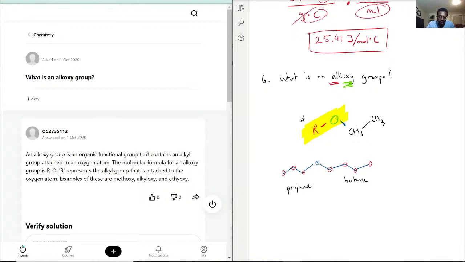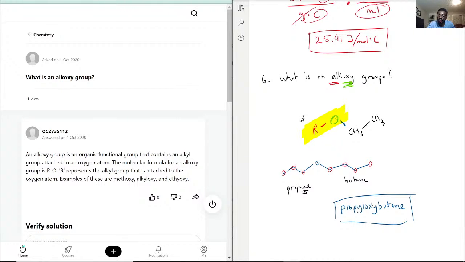So what we do is drop the A and E from the propane part and change that to the oxy ending. So we'll actually have propyloxy butane, and that will be the name for this compound.